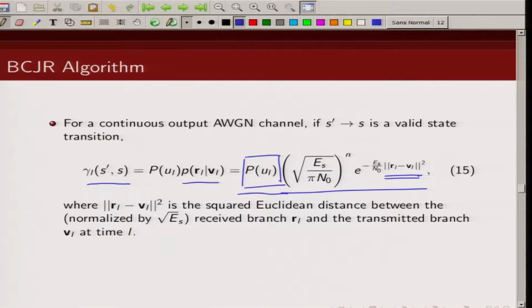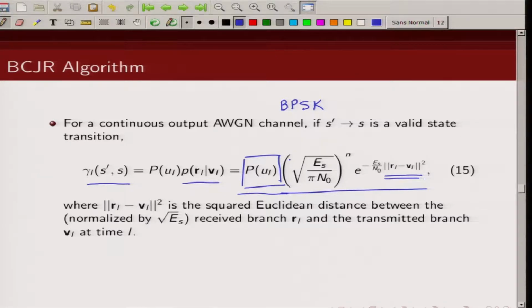and V L. Now, let us assume that we are considering binary phase shift keying. In other words, bits are mapped to +1 and -1, or plus root E S and minus root E S. Let us expand this term and see if we can simplify it.